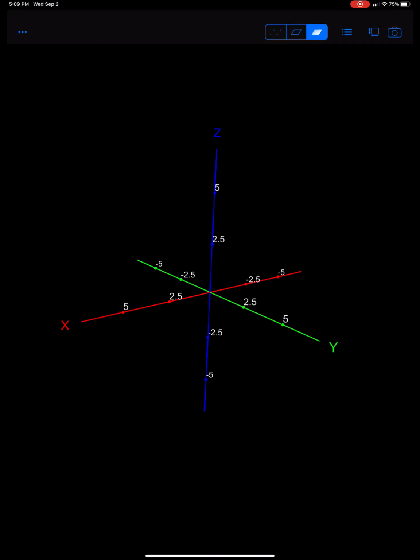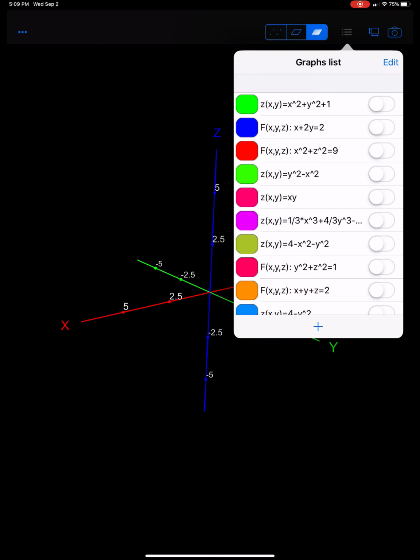Okay, so that's how you do cylinders, and let me go ahead and show you a couple of cylinders on the grapher. So this is my 3D grapher, and let's look at this list. I can't point to this, so I'll just describe it by the color. You want to look for z equals something with a variable missing.